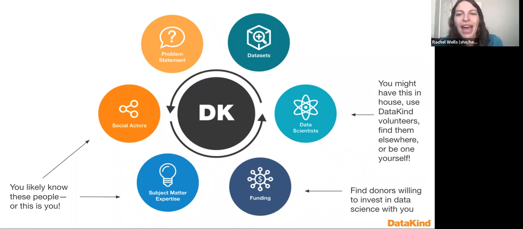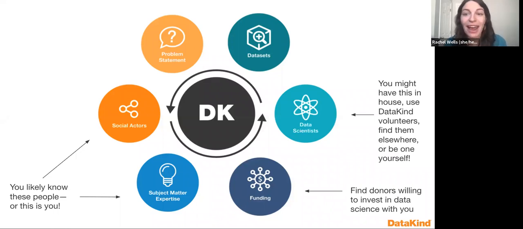Now we have social actors and subject matter experts. These folks are key to identifying the right problem to address and co-designing data solutions. So they answer the question, are the problems we are addressing the ones that actually matter? Without them, there's no way data scientists would be able to build solutions that improve our world.